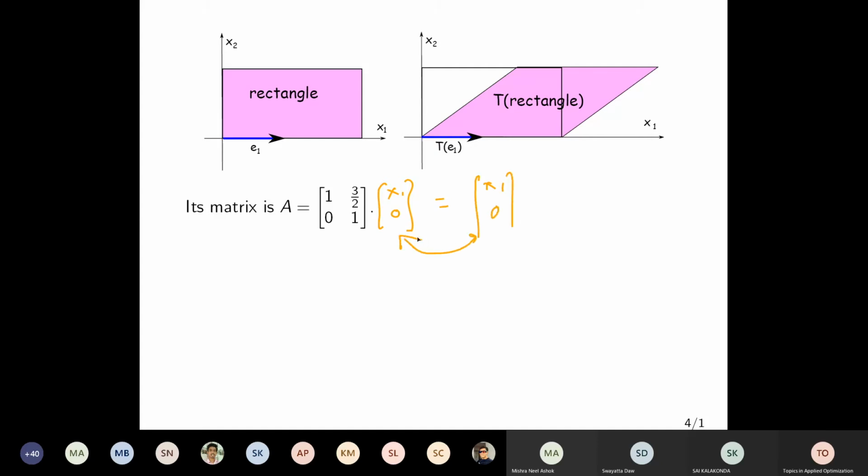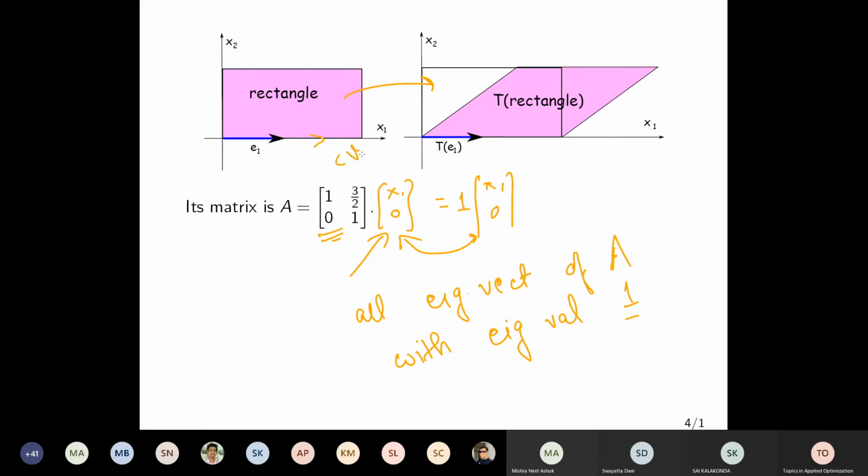So these are all eigenvectors of A with eigenvalue 1. These are the geometrical interpretation of eigenvectors. Some vectors are not changed by the matrix, or even if changed, it is only by a scalar multiple. But in certain other directions it will change.